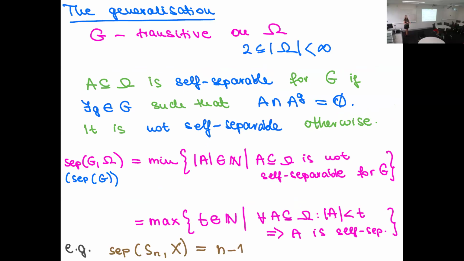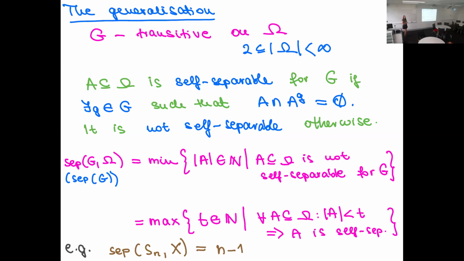So that's why I call this sep G, because I always told you what action we're considering. But in general, you need to have it as G omega, because it really depends on the action that you choose. Because also A is going to be a subset of your omega. So you can't even answer it without specifying the action. I think this question makes perfect sense if you go to topology, with a group acting on a two-sphere.